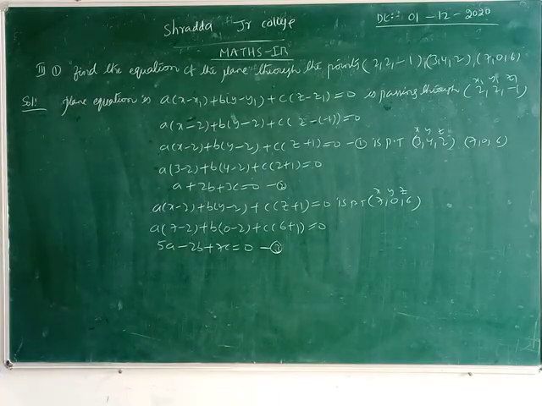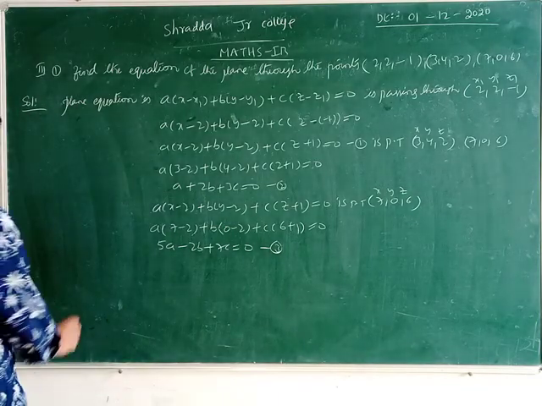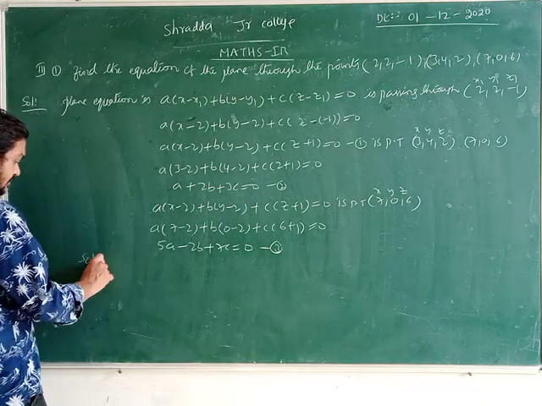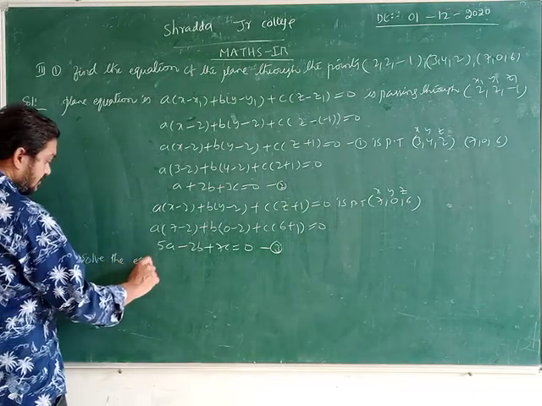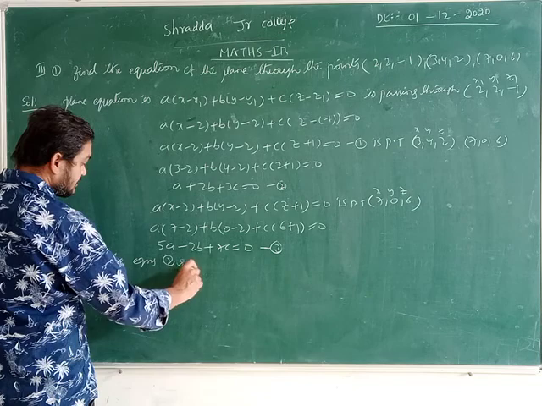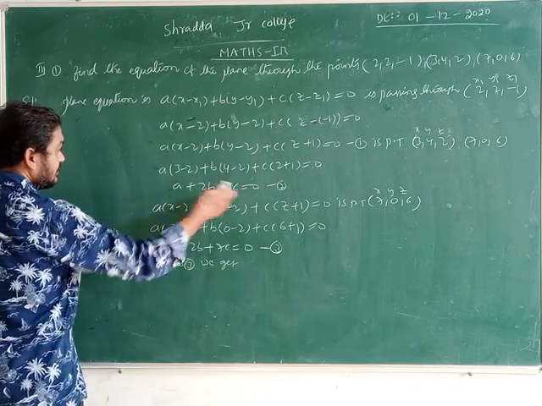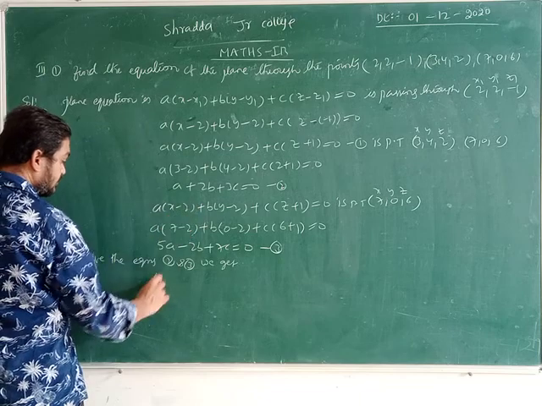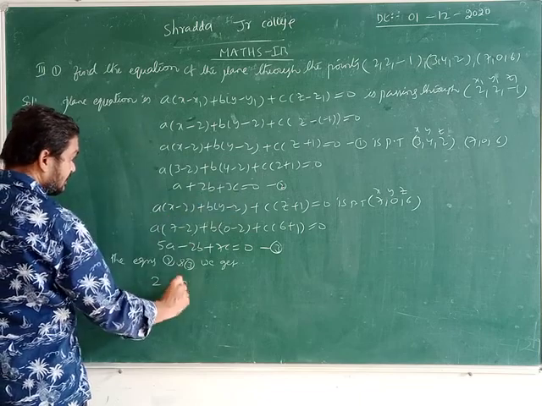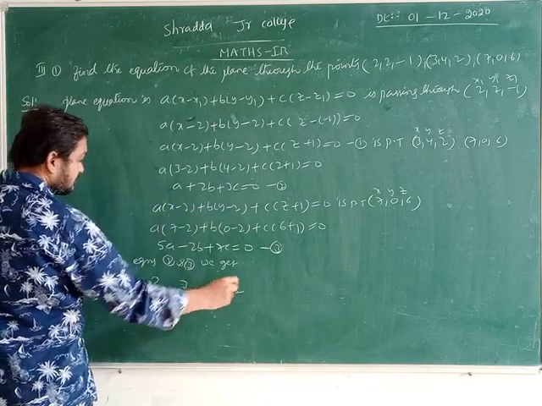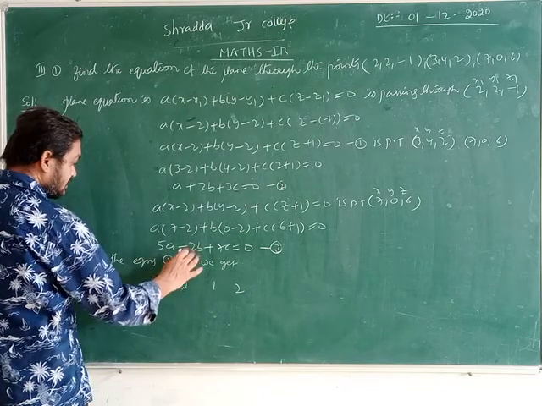Now solve the equations 2 and 3 by intersection method. Solve the equations 2 and 3. What we are getting here? Equation 2, that is b coefficient 2, c3, a1, b2. And here what is b?